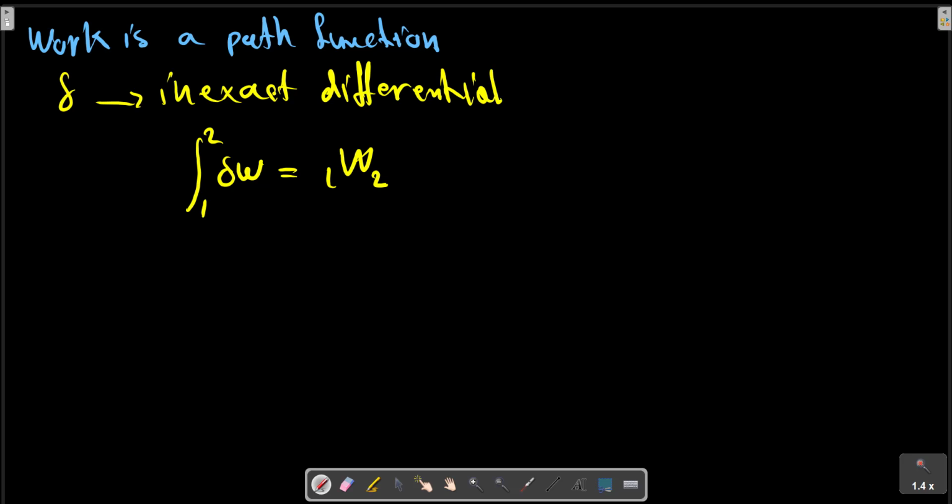It would be more precise to use the notation W1-2. For example, for a process from 1 to 2 along path A, we can write 1A2 or 1B2. This distinguishes between the paths.